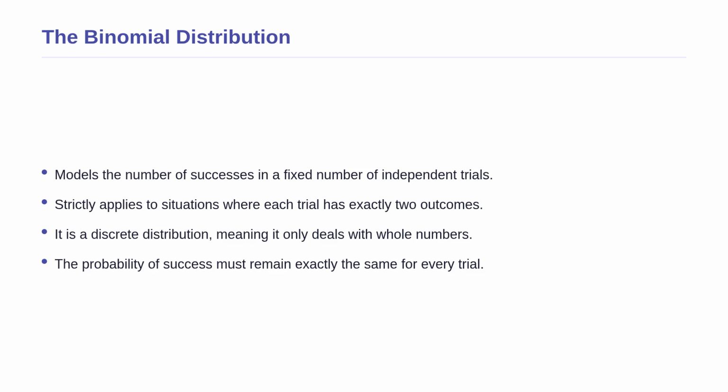For this to apply, four strict conditions must be met: a fixed number of trials, independent events, exactly two outcomes, and a constant probability of success. It is the ultimate tool for analyzing categorical data, where outcomes are strictly binary, like whether a patient survives or a cell mutates.